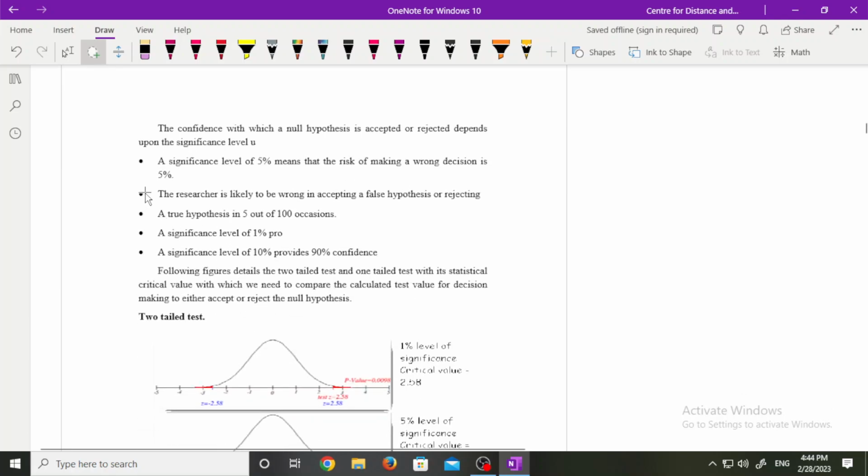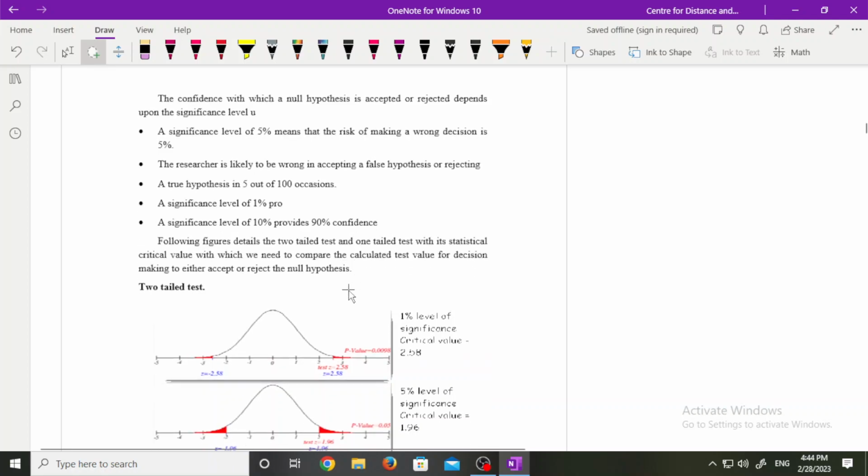A significance level of 5% means that the risk of making a wrong decision is 5%. The researcher is likely to be wrong in accepting a false hypothesis or rejecting a true hypothesis in 5 out of 100 occasions. A significance level of 10% provides 90% confidence.